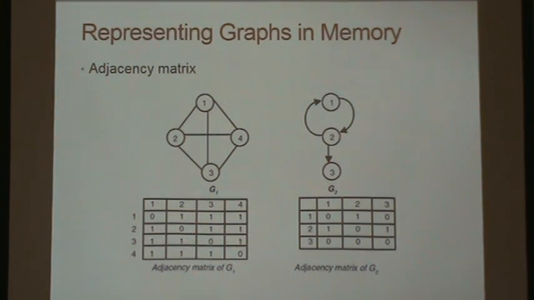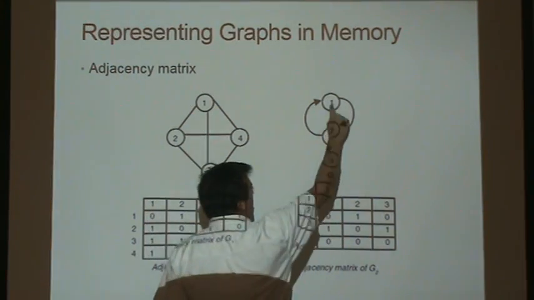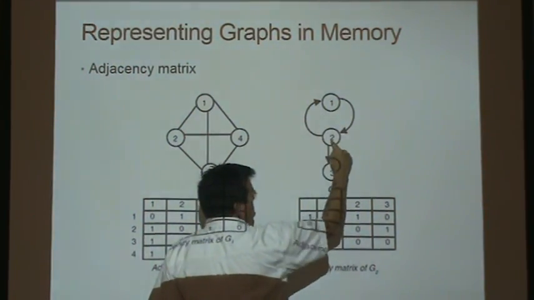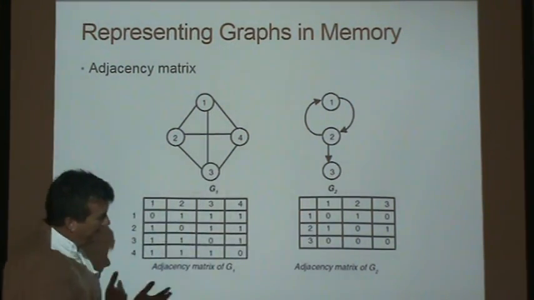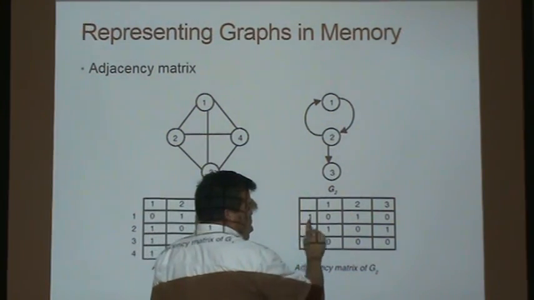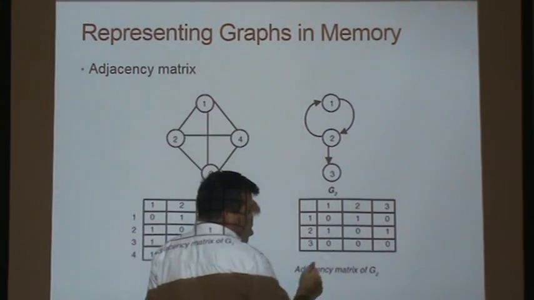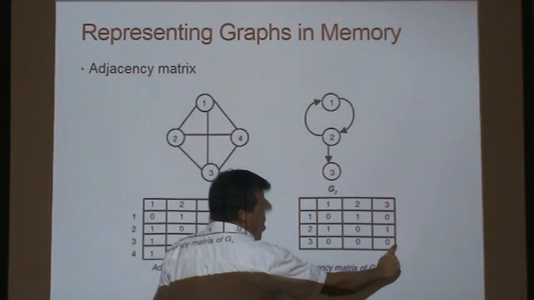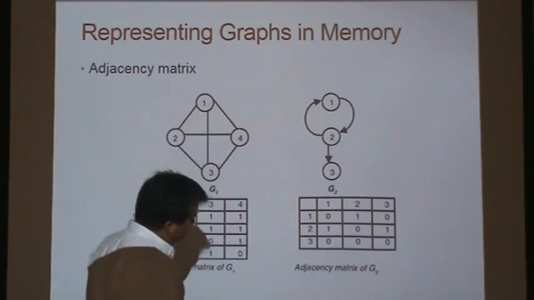In the case with orientation, sometimes now you have a benefit to it. Here we're saying 1 is connected to 2, and 2 is connected to 1, but 2 is connected to 3, but 3 is not connected to 2. So we can represent that with a 3 by 3 matrix. 1 is connected to 2, 2 is connected to 1, 3 is not connected to anything, but 2 is connected to 3.